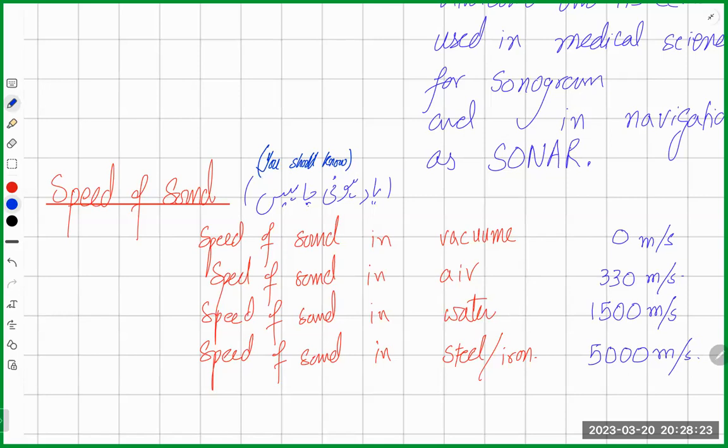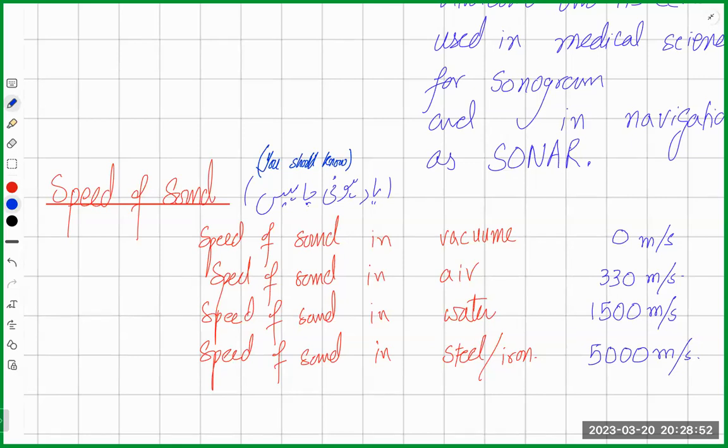That speed of sound in vacuum is 0. Sound cannot go in vacuum. Speed of sound in air is 330 meters per second. Speed of sound in water is around 1500 meters per second. Speed of sound in steel is 5,000 to 6,000 meters per second. So you can consider it 5,000 meters per second. So this is what you have to remember.